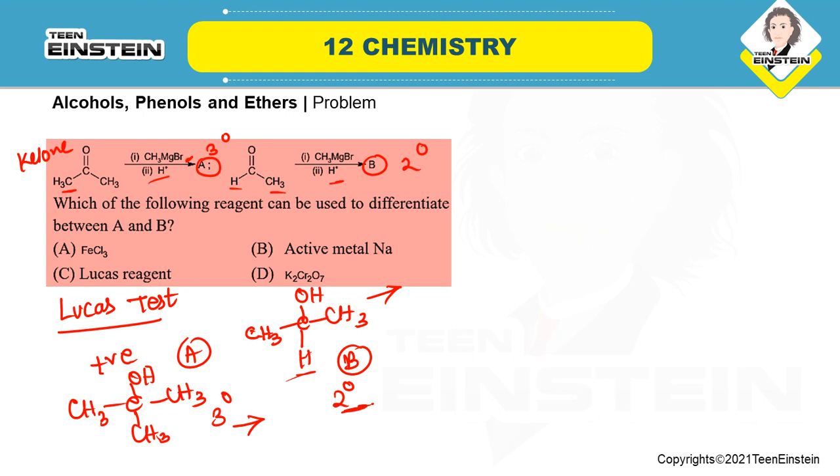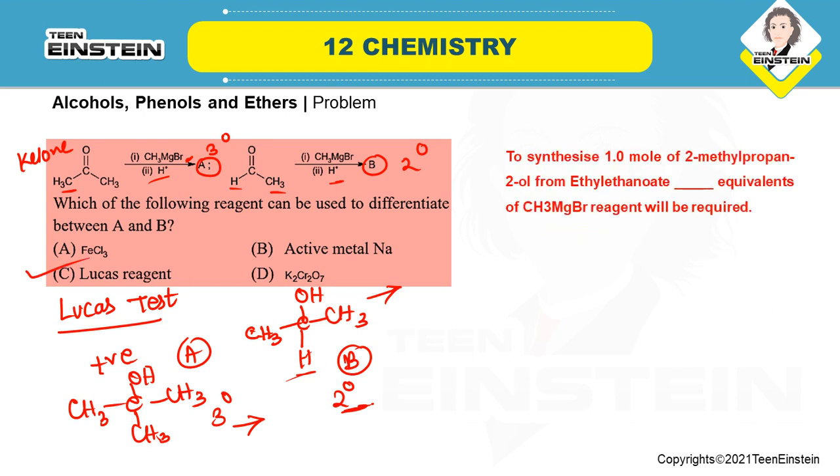But see, though at first glance it seems K2Cr2O7 can react with secondary but doesn't react with 3 degree, so why can we not use this reagent to differentiate? But remember, whenever there is an identification test, we choose those types of reactions which can give us some immediate visual appearance or color change or some precipitate formation or some evolution of gas. But if that type of visual change is not there, we cannot use that test as an identification test. So though K2Cr2O7 is behaving differently, the better reagent will be Lucas reagent.